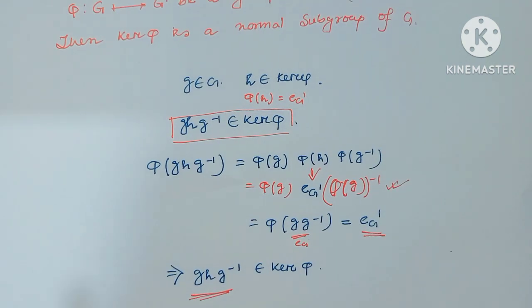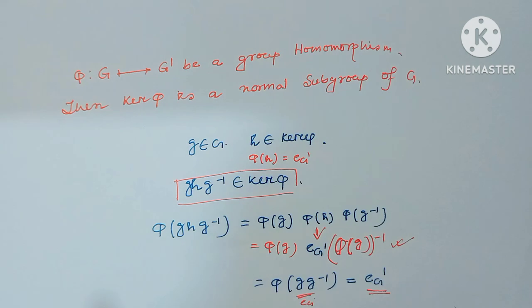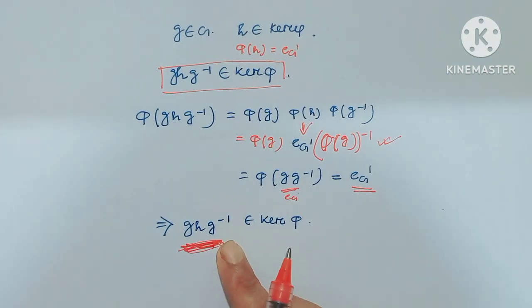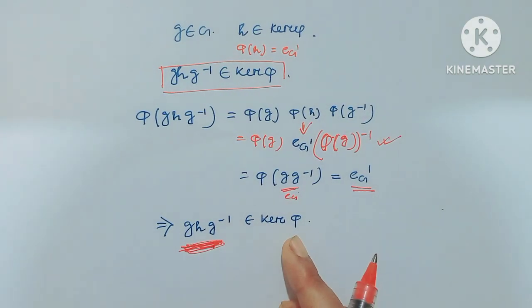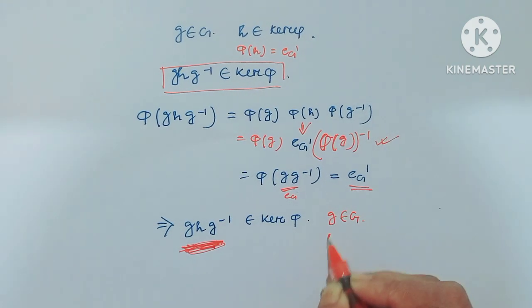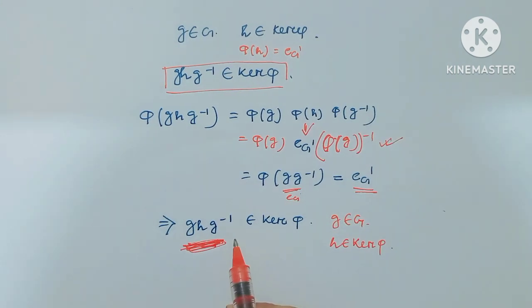So ker phi is always a normal subgroup of the group G, since g h g inverse belongs to ker phi, where g belongs to capital G and h belongs to ker phi. This is actually the property of homomorphism.